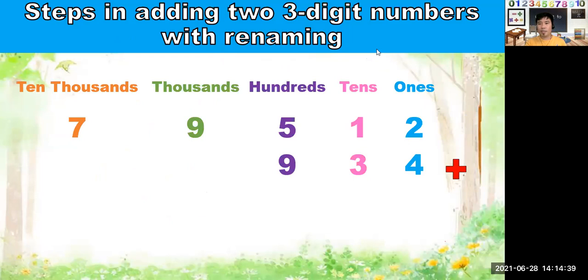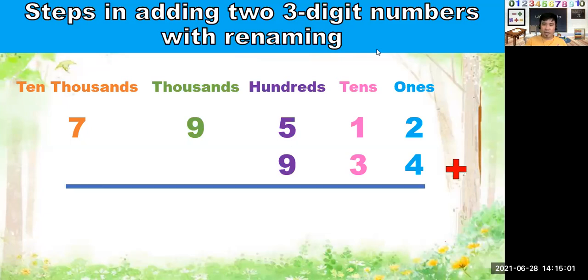You will see here ones, tens, hundreds, thousands, and 10,000s. The color blue is ones, pink is for tens, purple is for hundreds, green is for thousands, and orange is for 10,000s.